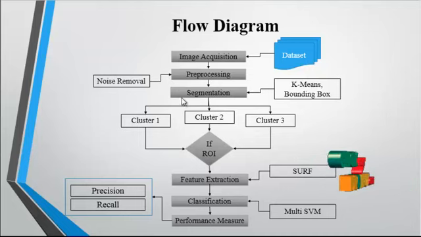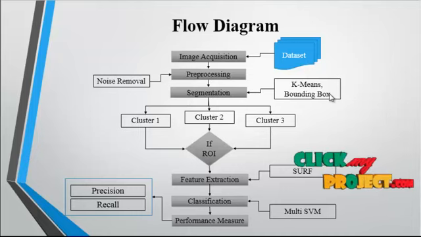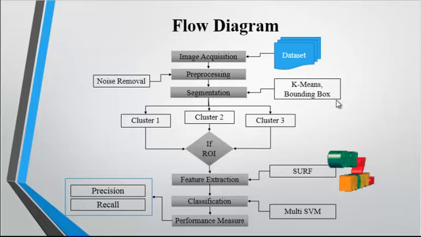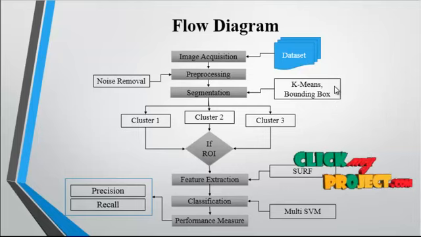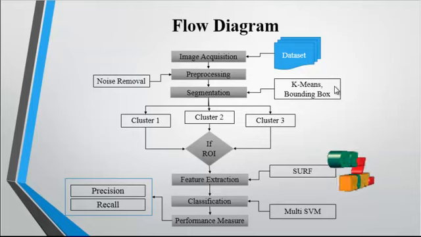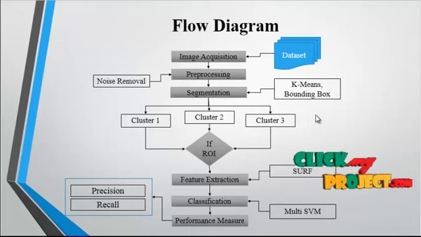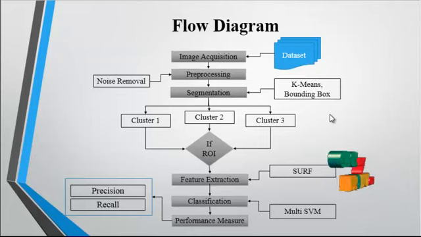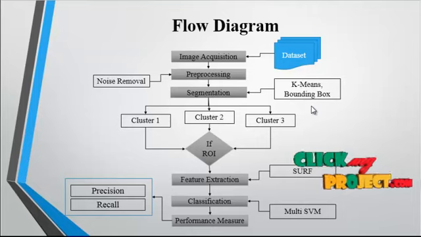After the pre-processing, the segmentation is done by using the k-means clustering method and then the bounding box segmentation. K-means is nothing but a clustering technique which can cluster the single image into 1, 2 and 3 types of clusters, and the required region of interest is bounded by using the bounding box.